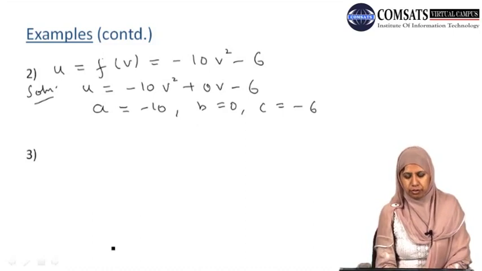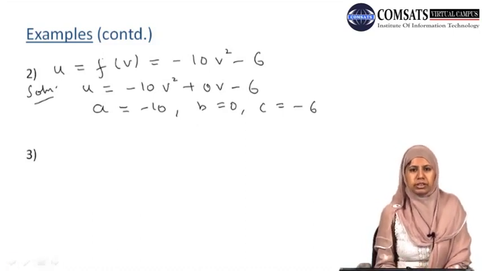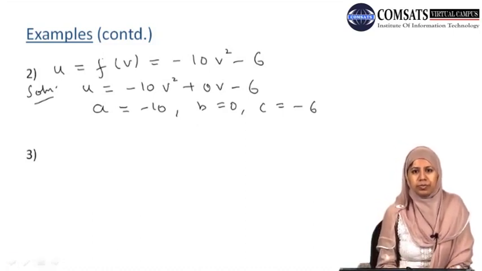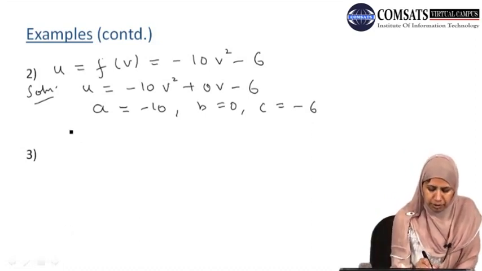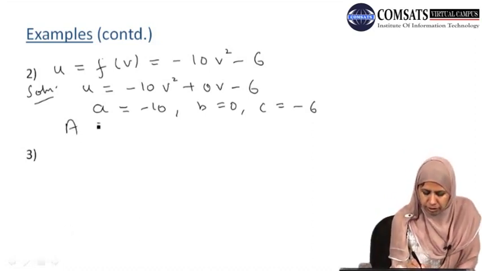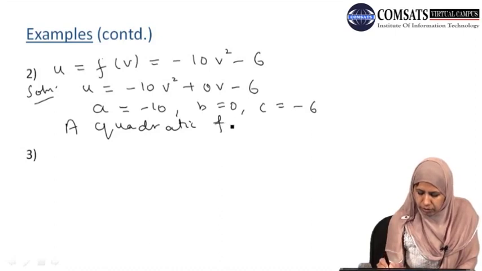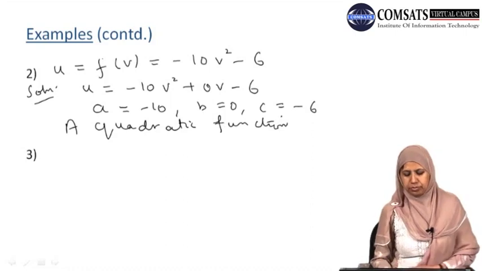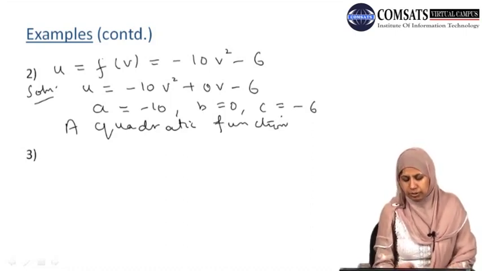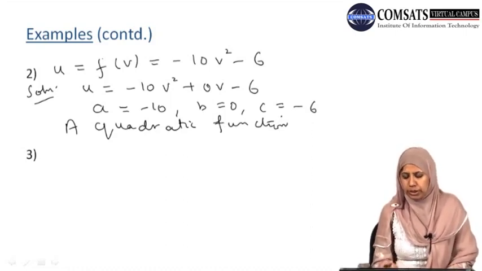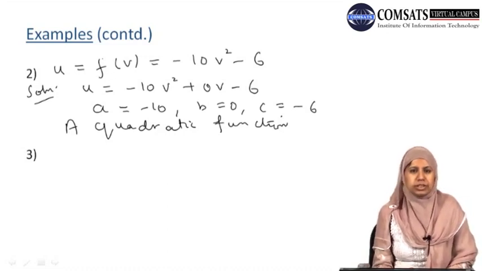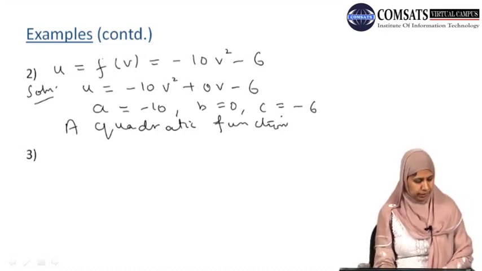Since a is different from 0, the given function is an example of a quadratic function. In this example, b is equal to 0, but c is different from 0, which is minus 6.